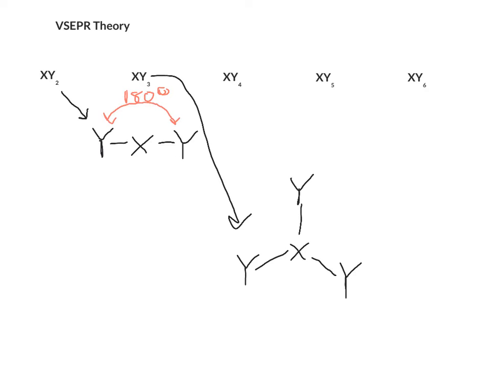This geometry is trigonal planar: trigonal for 3, and planar because all the atoms in this molecule are in the same plane, for example the plane of this screen. And the bond angle between these two groups is 120 degrees.